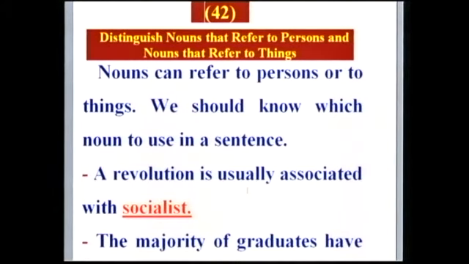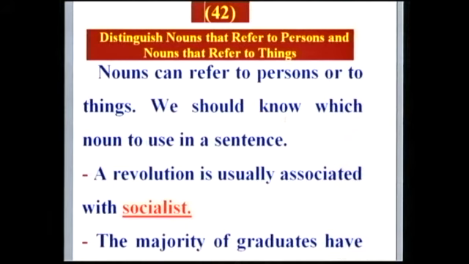زي ما قلت لكم في كلام سهل، يعني نقول مثلا swimming swimmer، writing writer، لكن في حاجات بتبقى يعني a bit confusing تلخبط شوية. طيب nouns can refer to persons or to things.